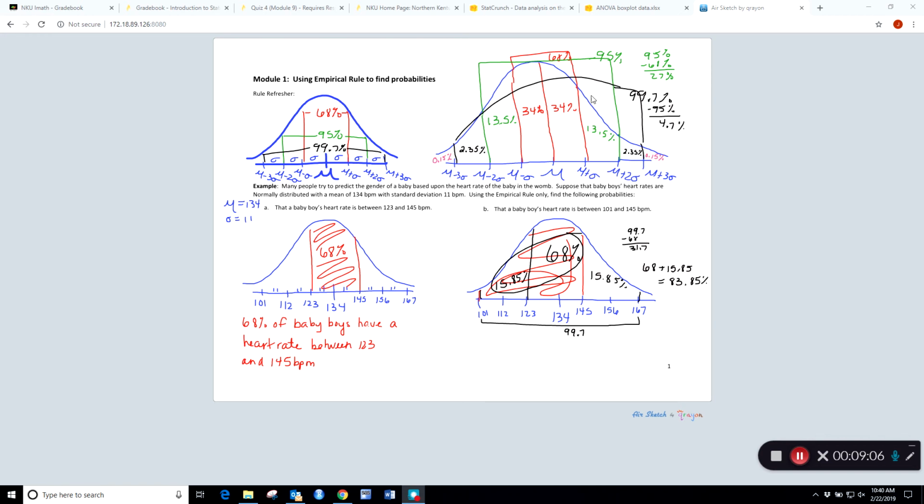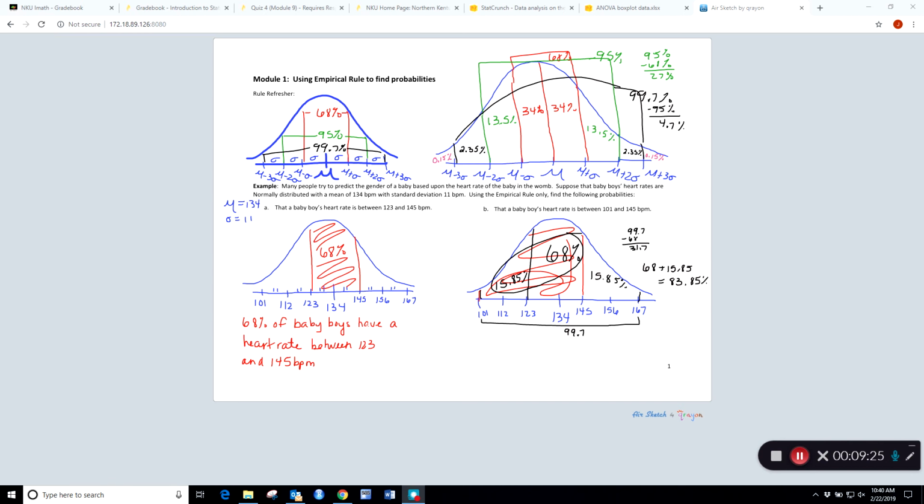But if you remember this picture up here, that's another way of doing it. You could just add the 34 plus that 34 plus the 13.5 plus that 2.35, and you'll get the same number of 83.85%. So there's more than one way to do these problems sometimes.